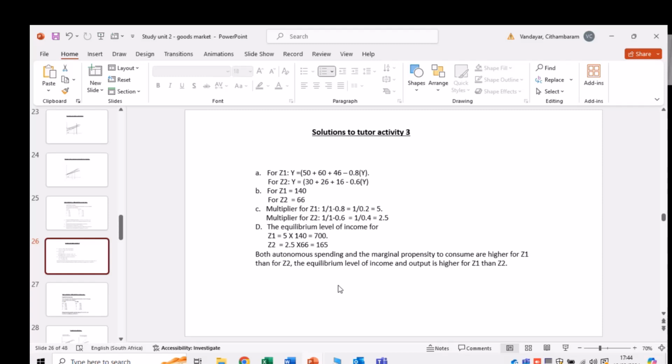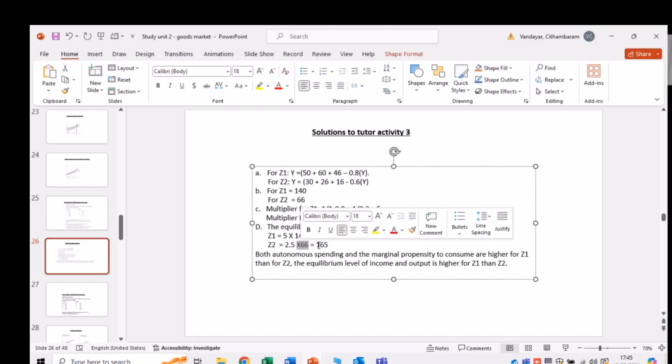To get the level of income and output, all you do is take your multiplier times your autonomous spending. We worked out the autonomous spending for Z1 is 140. We know the multiplier for Z1 is 5. So 5 times 140 is 700. For Z2, the multiplier you calculated yourself is 2.5. You said that your autonomous spending is 66.